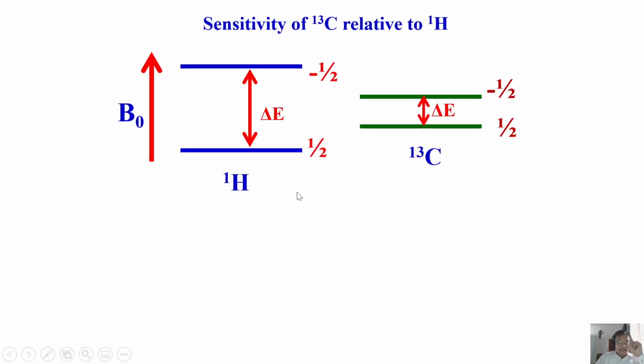Remember, this is also a spin half nucleus. It also has 2 possible orientations, alpha and beta, but it is less sensitive compared to proton because of lower gamma, and the energy separation is 4 times smaller. I told you about sensitivity when we discussed. The sensitivity depends upon the magnetic field, which in turn is responsible for this energy separation. As a consequence, carbon 13 is less sensitive compared to proton.